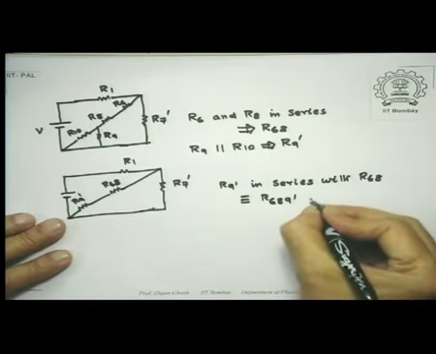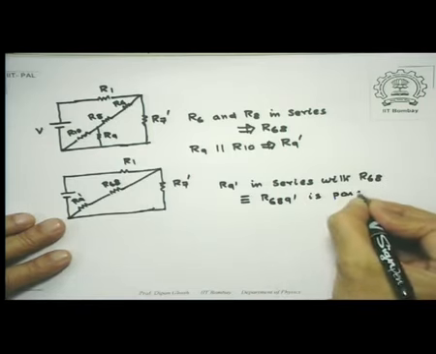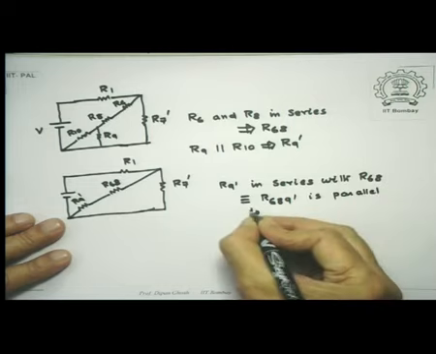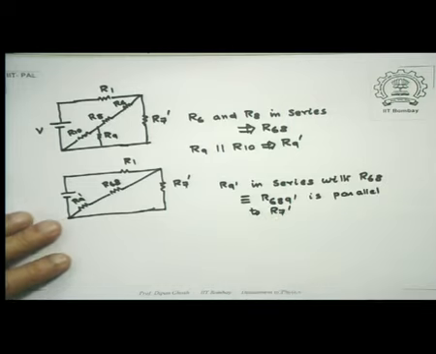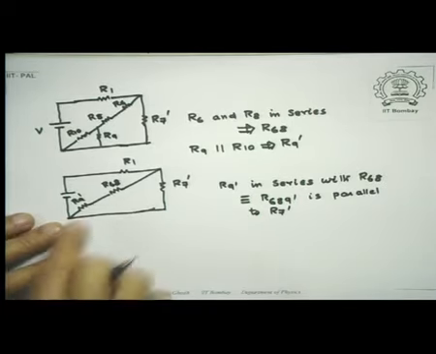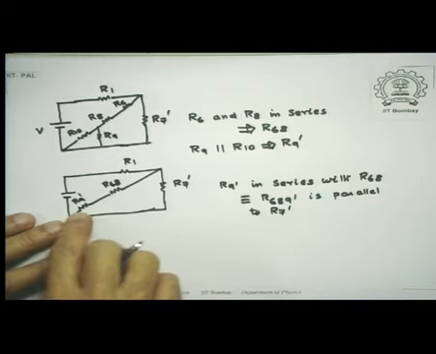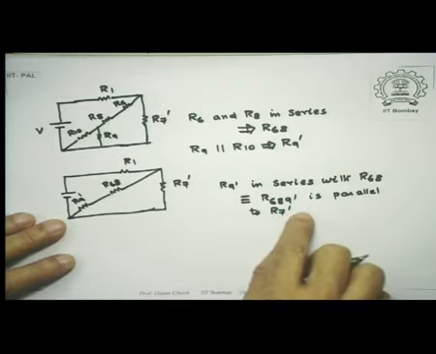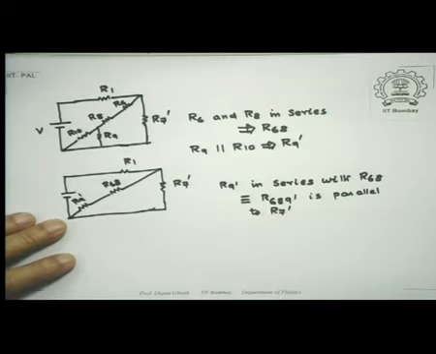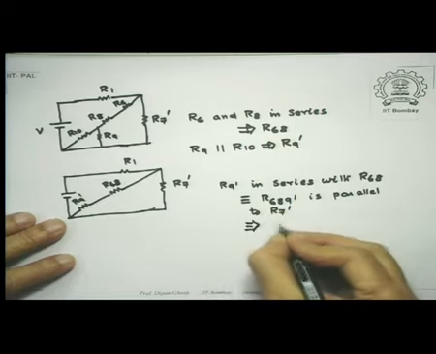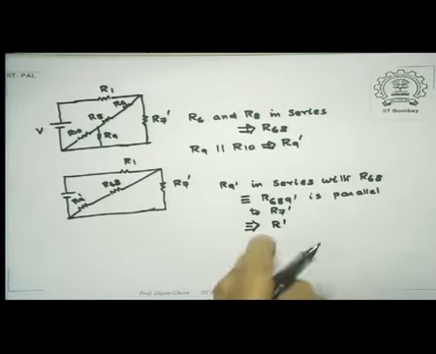This is parallel to R7 prime. So therefore I can replace this with an equivalent resistance, whatever you want to call it. So let's say it leads to some R prime, and then my R prime and R1 are in series. So therefore you notice a very complicated looking circuit has been reduced to series and parallel combinations.